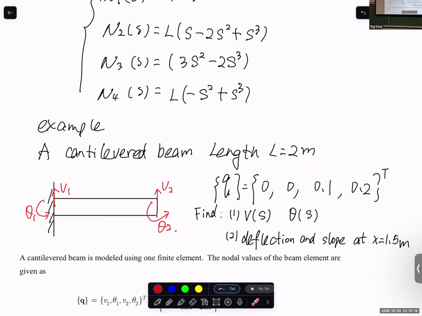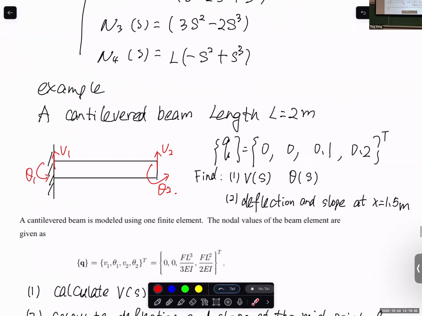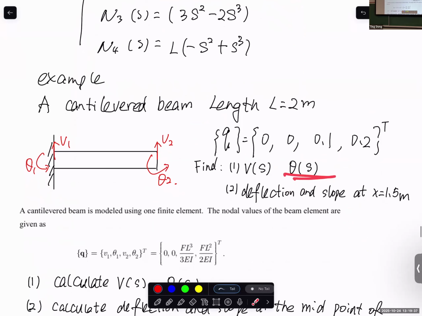Don't forget the Jacobian, because the definition of the rotation is dv over dx. But here everything is written in terms of the reference coordinate, so it's dv over ds. So what you need to do is dv over ds times ds over dx. So there's a 1 over L Jacobian after this operation.